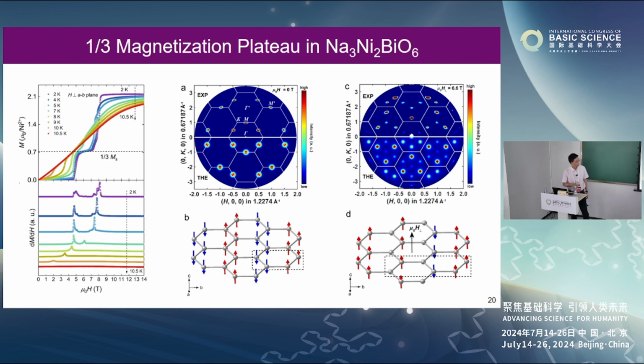So here, in the fully polarized state, you have 6 up spins. But here in the plateau phase, you have only 2 up spins. So 2 divided by 6 is exactly 1/3. So this actually explains why we have this kind of plateau phase very nicely.